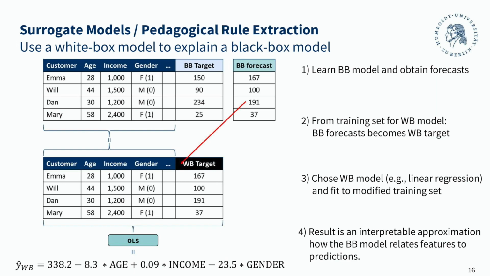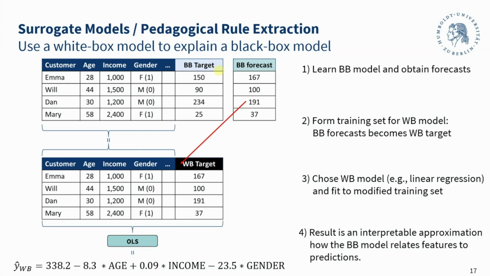I denote these by BB forecast. So maybe for Emma here, our first customer, we were trying to predict some quantity, 150 euros, maybe her purchase value when visiting our shop, and she actually bought items worth 150 euros, while our GBM model predicted for Emma to buy items worth 176 euros, possibly. This is how to read the table.